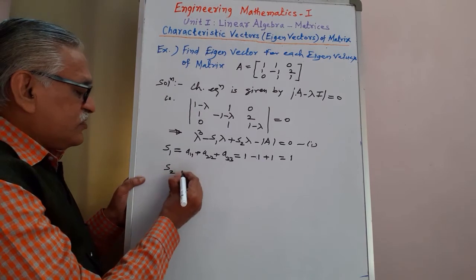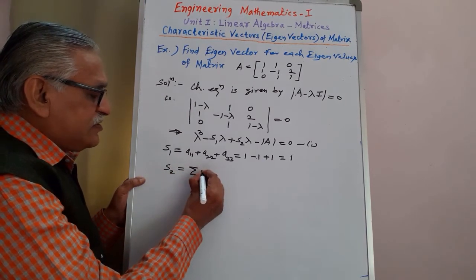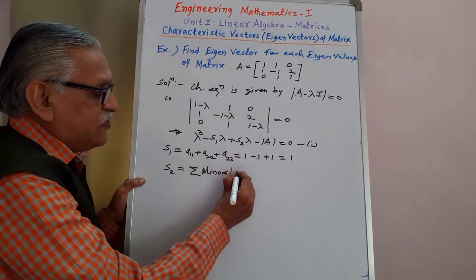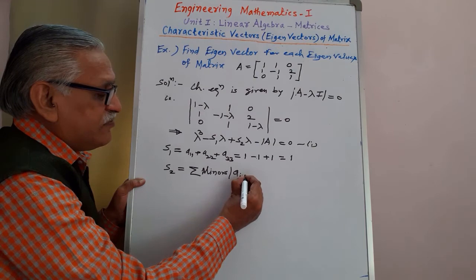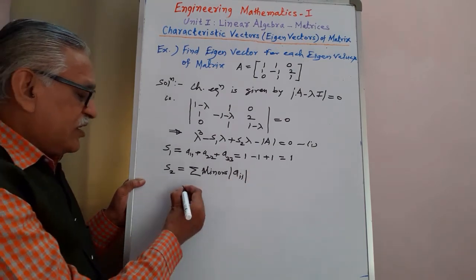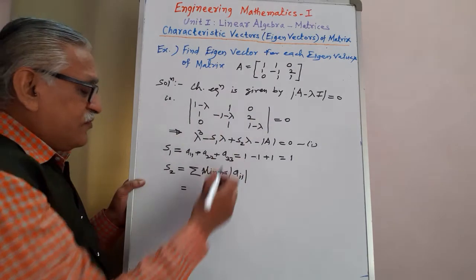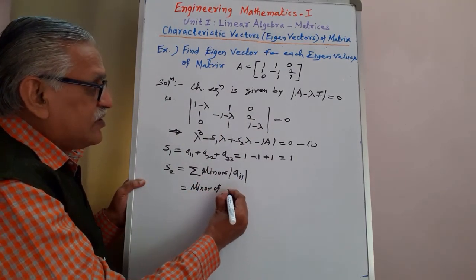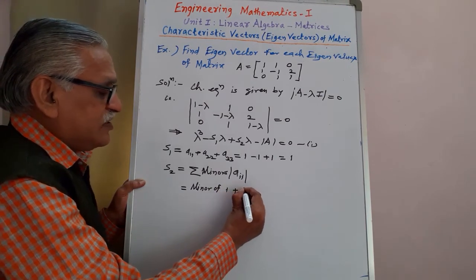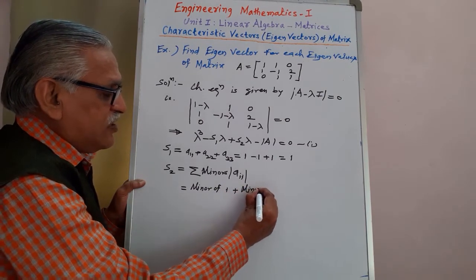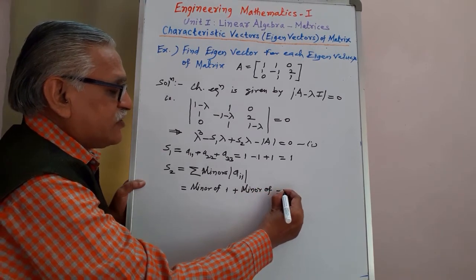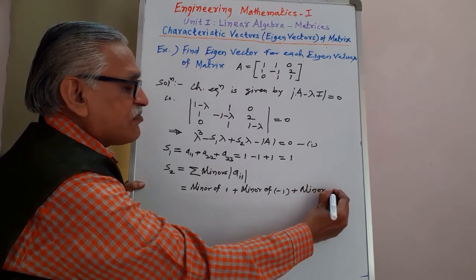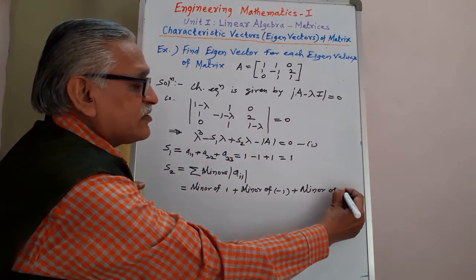Then S2 is equal to the sum of the minors of the diagonal elements Aii. Therefore it is the minor of the first diagonal element 1, plus the minor of the second diagonal element minus 1, plus the minor of the third diagonal element 1.